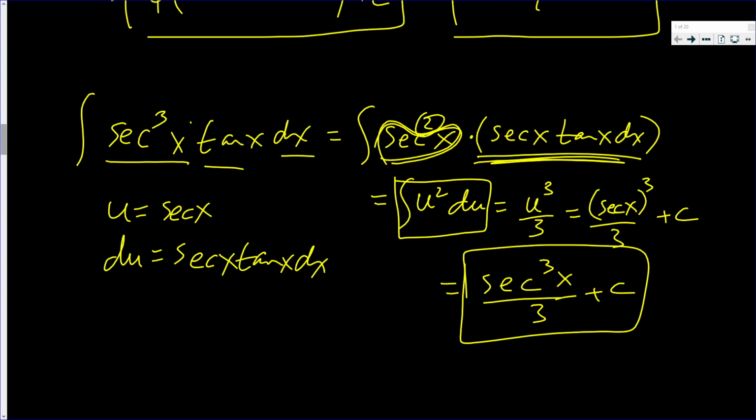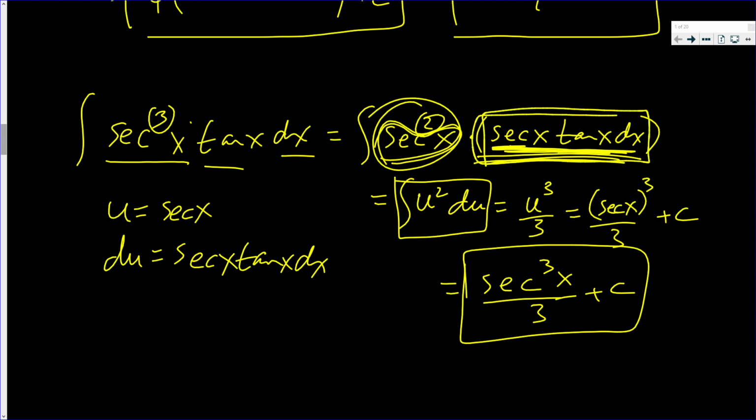We broke off from the secant cubed, we broke off a secant, hooked it up with the tangent x dx, and then we had secant to a power. But the differential of secant is sitting right here. Jump on that.